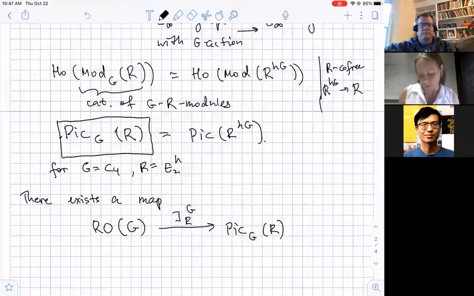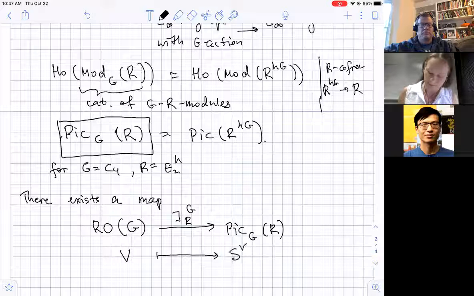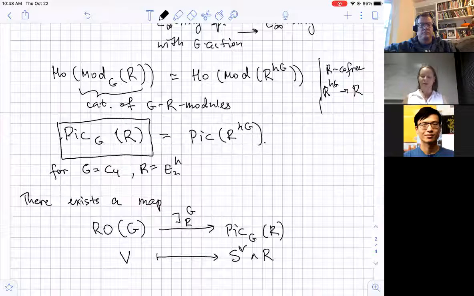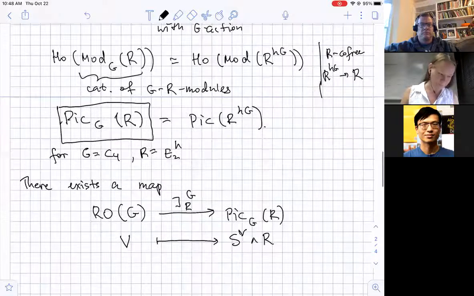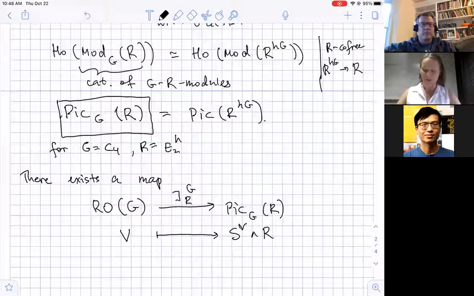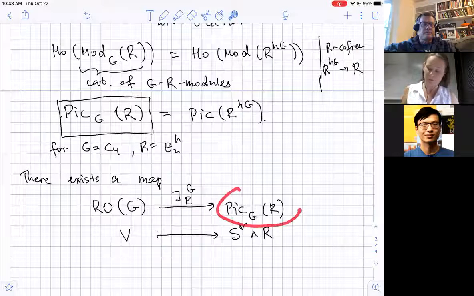And what does it do? Well, it takes a representation and makes the corresponding sphere and smashes that with R. So now that's an excellent invertible GR module. Great.